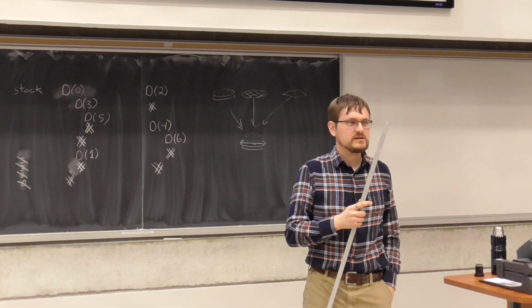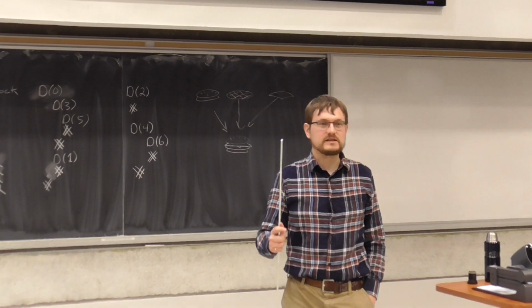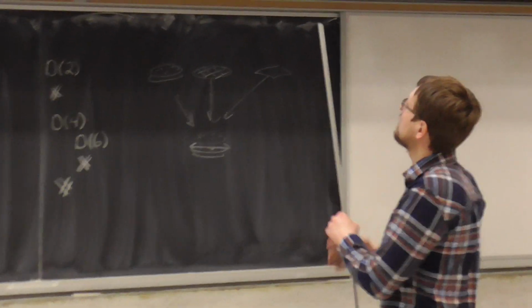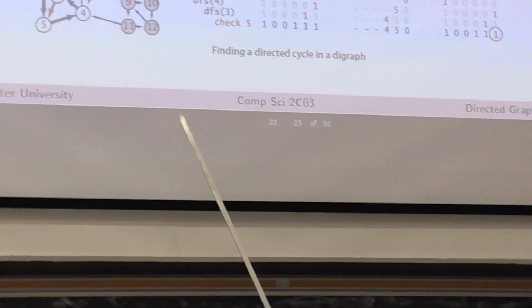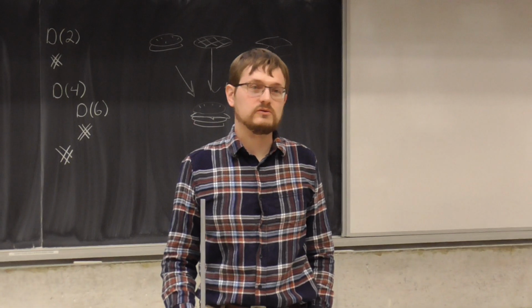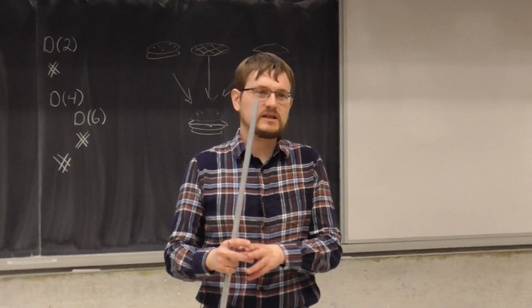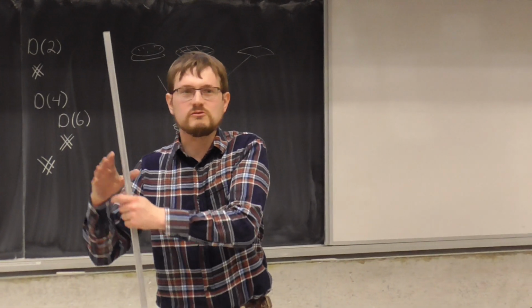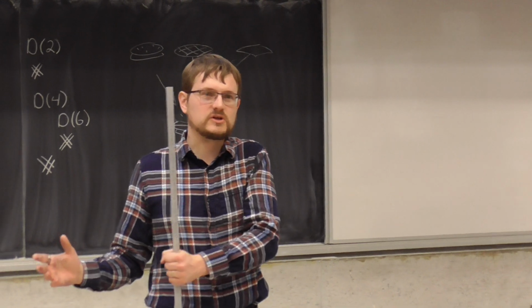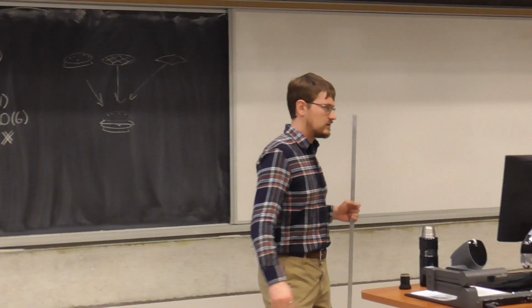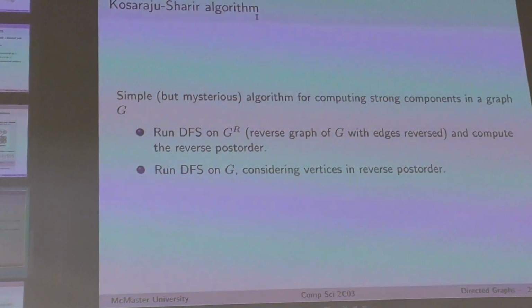The items that are on the stack during a depth first search inside of one connected component, once we hit a cycle, we can use that information to determine where the strongly connected components are. So let's see how they're running.